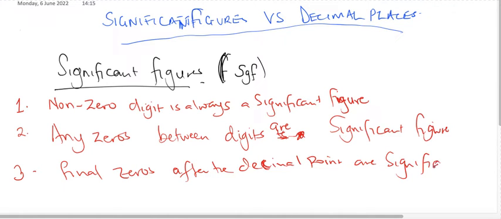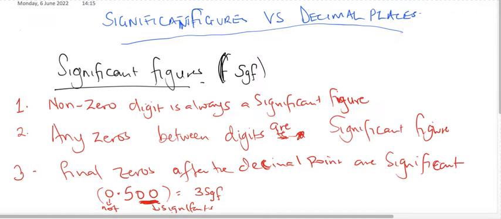Alright. For example, if we have 0.500 like this, these zeros here are significant figures, and the zero on this side is not. So when you're counting the significant figures in this whole number, you say there are three significant figures.